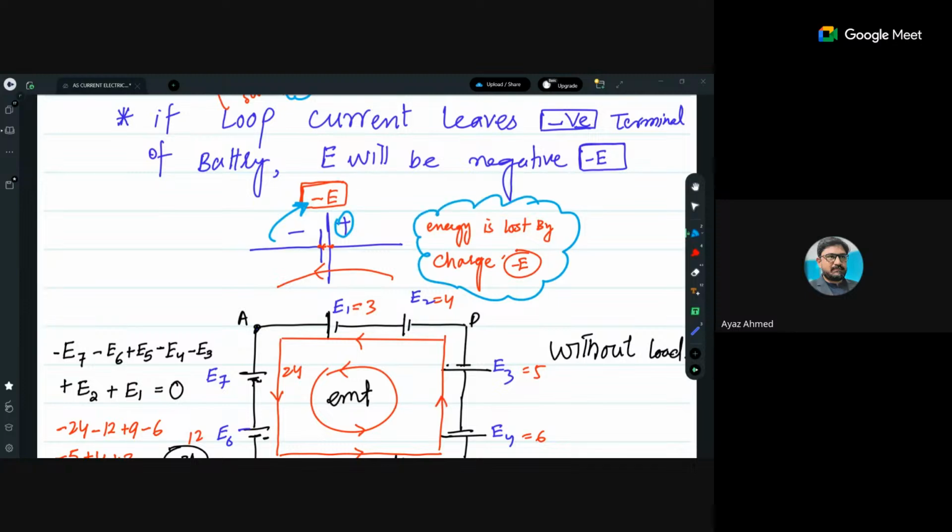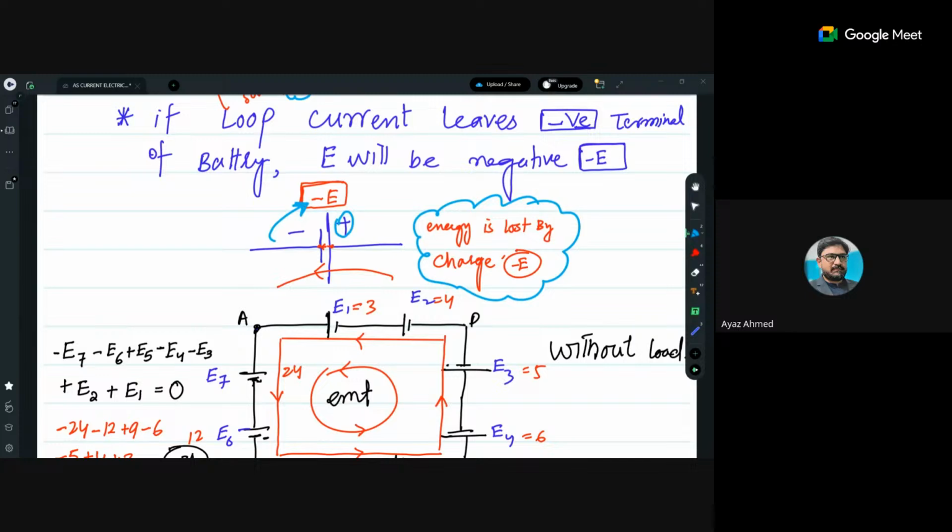When the energy is lost by the charge, EMF will be taken as negative, and when the energy is gained by the charge, EMF will be taken as positive. Is this clear to all? Yes sir, clear.